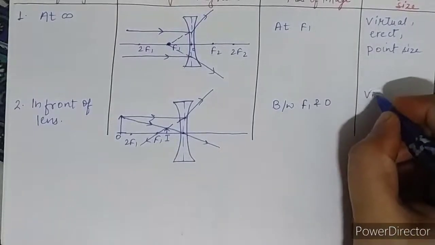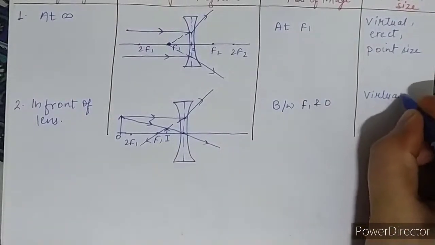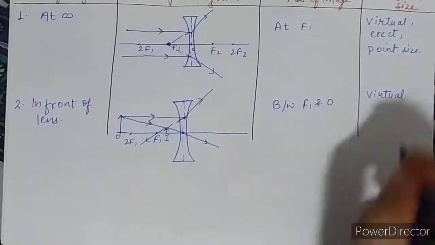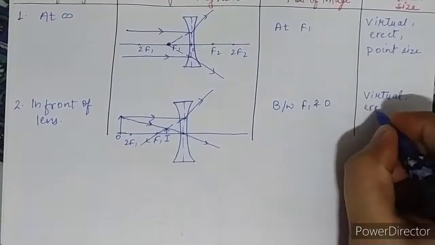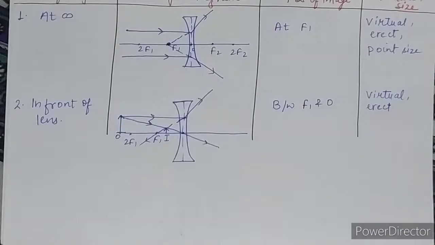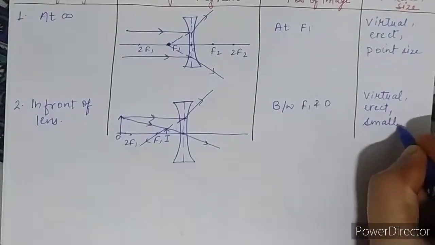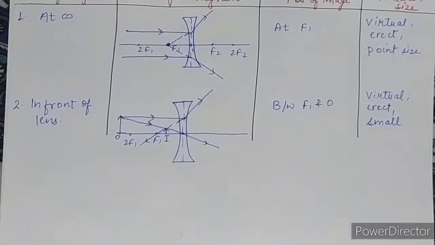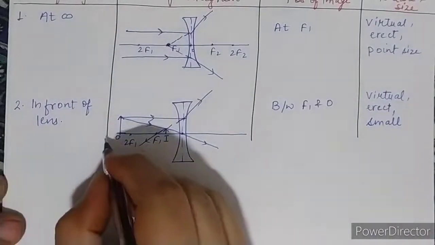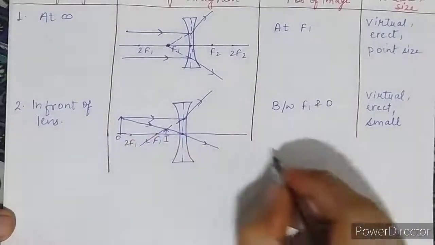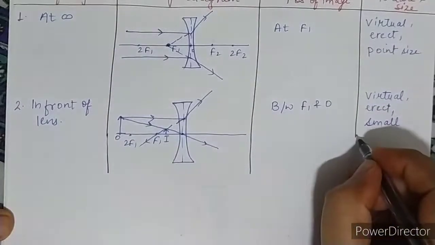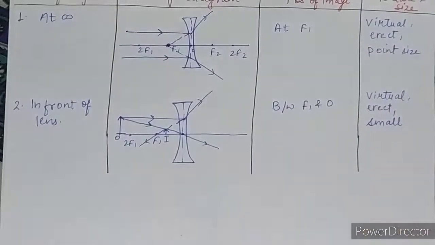It's virtual, then it's erect, and it's small in size. Okay, so we only have the two conditions for this image formation by the concave lens. Okay, so these are the conditions.